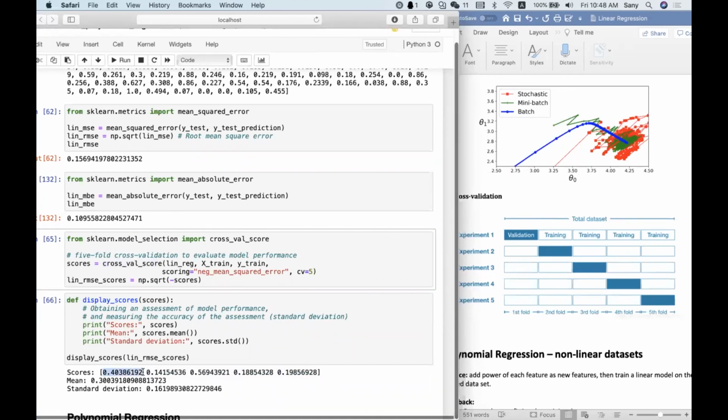Now you can see the results of this cross-val score. In experiment 1, the machine learning algorithm's score is 0.4, and in the second round, it's 0.4114. So it's unstable.